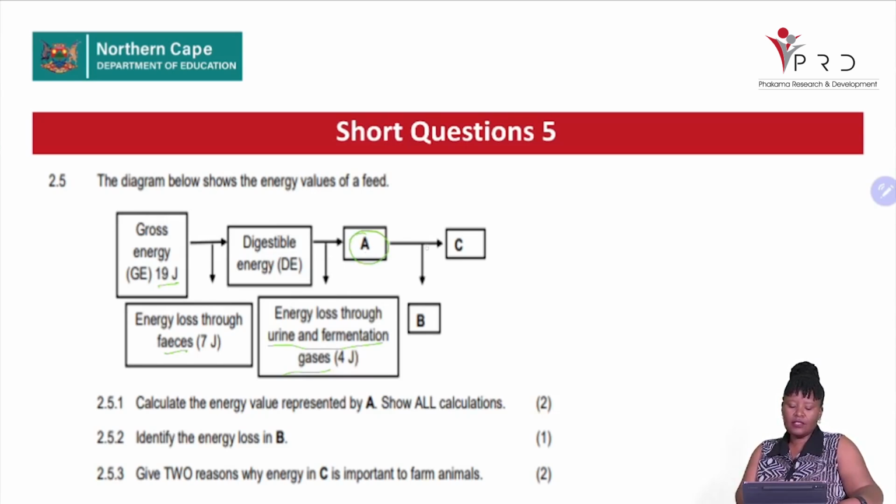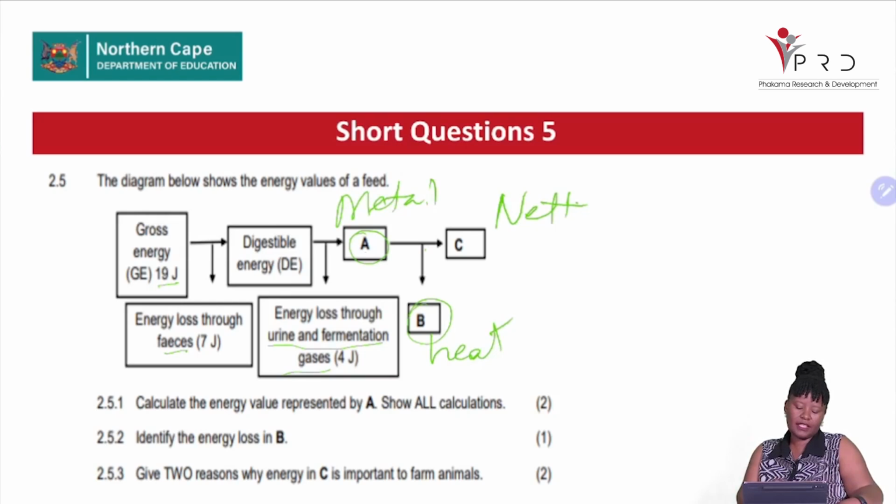And A loses energy in the form of heat in order to form a net energy. Then we have a metabolic energy. Okay. Calculate the energy value represented by A, and the instruction says show all your calculations.